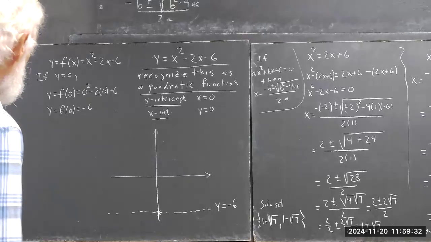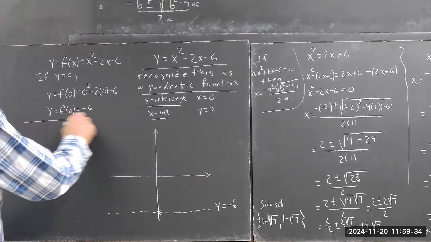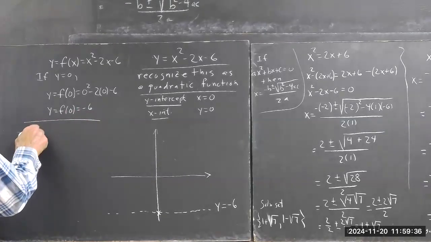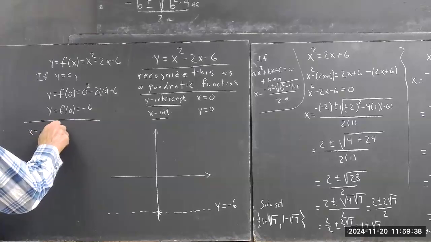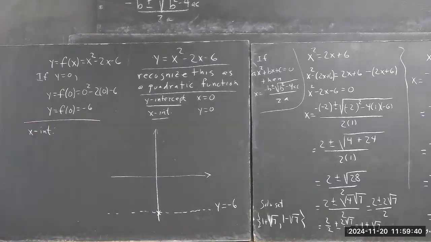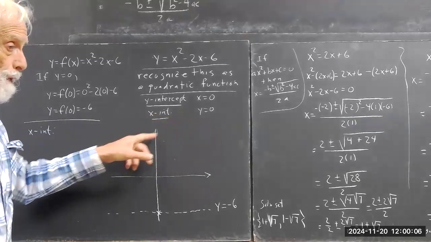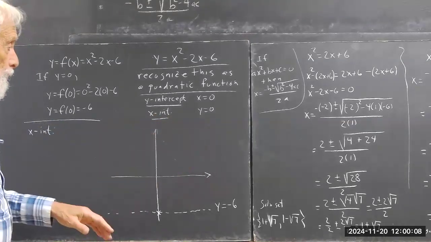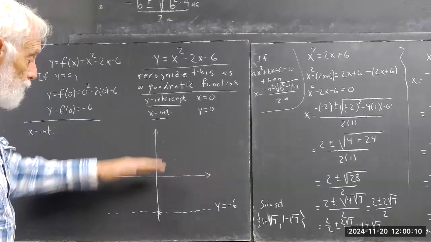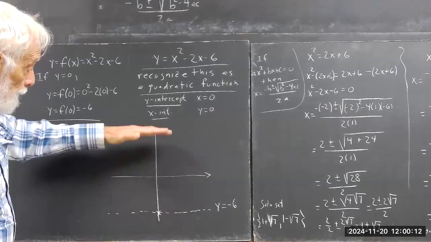Now, what are the x-intercepts? Well, what's the condition for an x-intercept? We already wrote it down, but we really want to be sure we understand this. y is 0 on the x-axis. y is -6 down here, +6 up here.